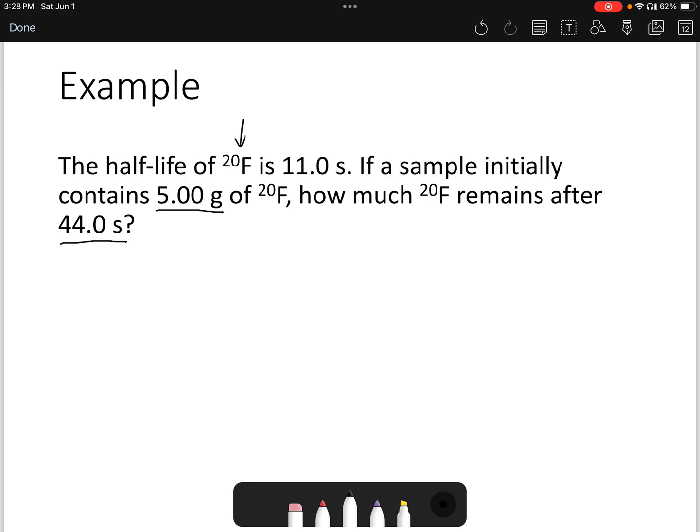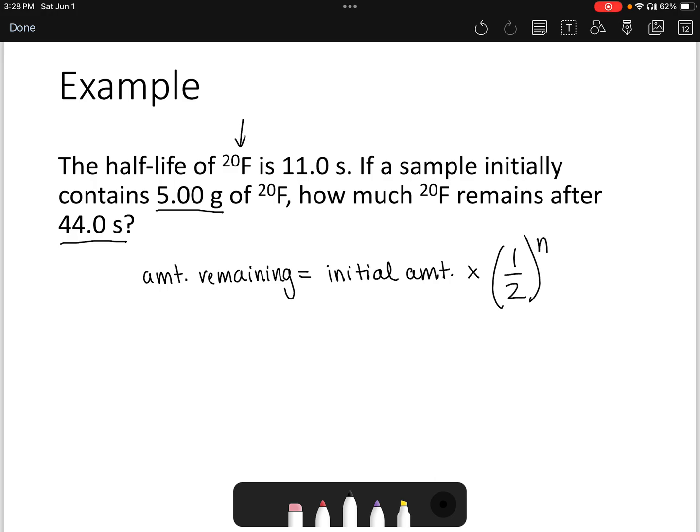Okay, so again, our equation is the amount remaining equals the initial amount times 1/2 to the nth power, where n is the number of half-lives. So we need to figure out how many half-lives have gone by in 44 seconds.